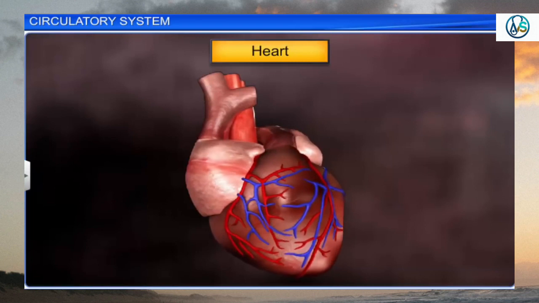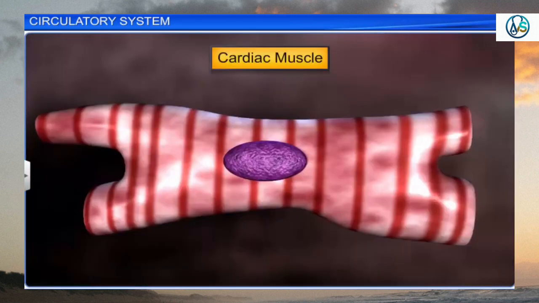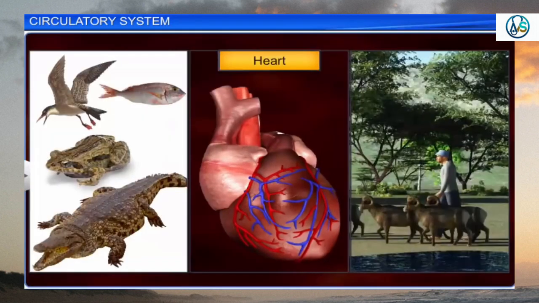The heart, the vital organ of blood circulation, is made of cardiac muscles. It has many chambers which vary between animals.